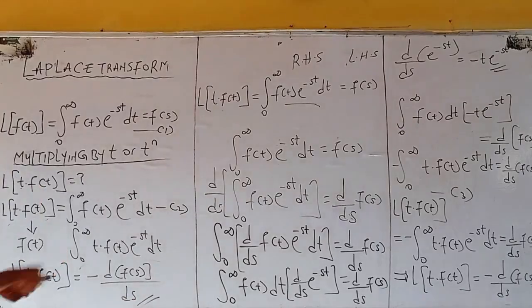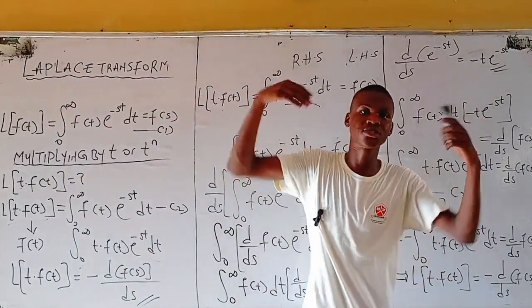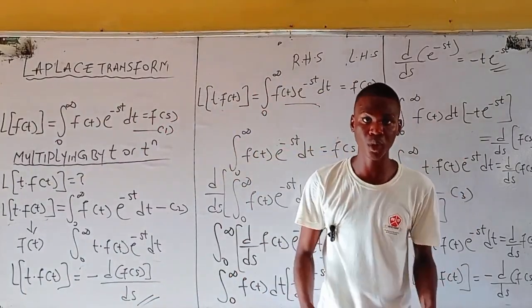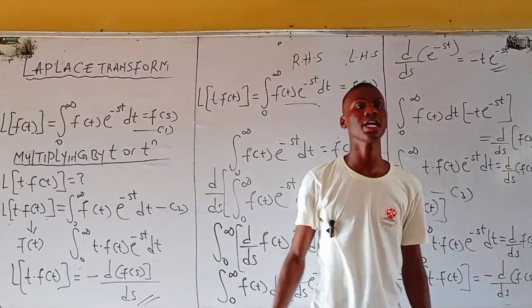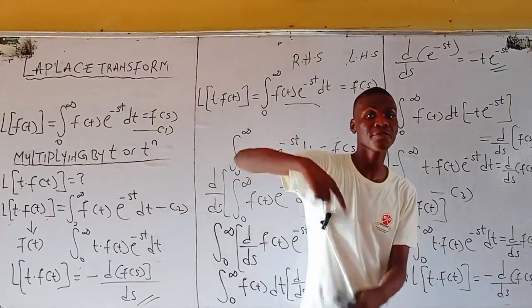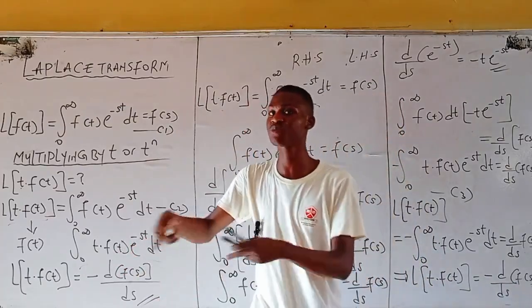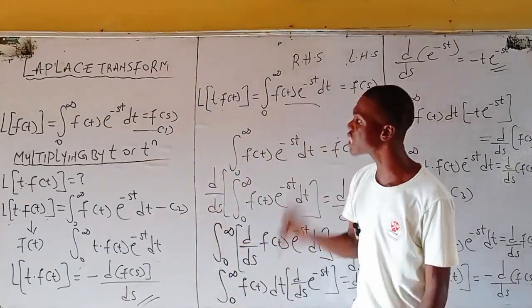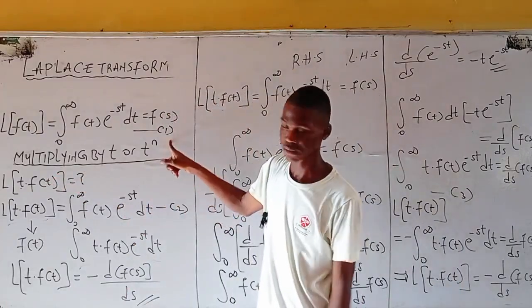What this second theorem is telling us is that, given a question, find the transform, by transform we mean f of x, then differentiate f of x with respect to x. But in this case, we said multiplying by t or t raised to the power of n.